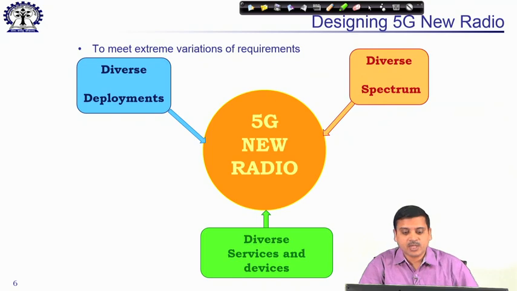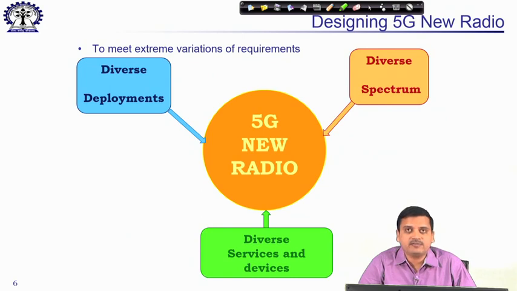Overall, if we take a look at the new radio, that is the terminology used for 5G. 5G NR is the short form for new radio. There are diverse deployment scenarios, a variety of spectrum, and a diverse set of services and devices which are supposed to coexist.